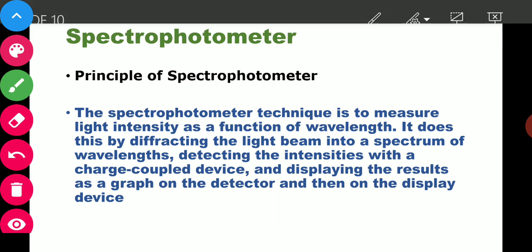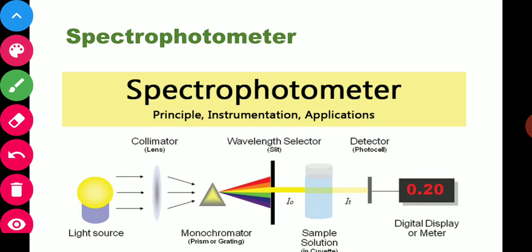A spectrophotometer is basically an instrument in which there is a light source, then a lens or collimator which passes the light through a monochromator, that is a prism or grating, and a 7-color spectrum is created after passing through the prism or grating.